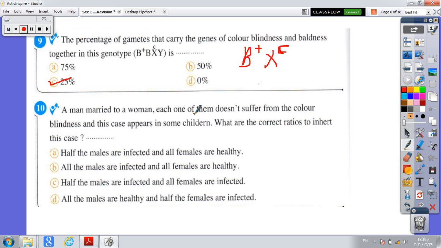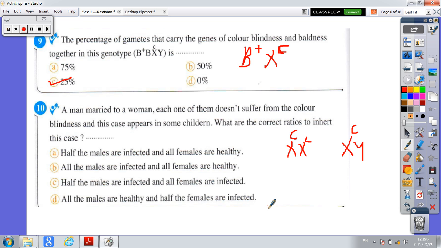The man married to the woman doesn't suffer, so XY doesn't carry any gene, so it carries C capital. While the female doesn't suffer from blindness, so it must be hybrid. It carries C capital and C small. What is the ratio? Who can tell me the ratio?